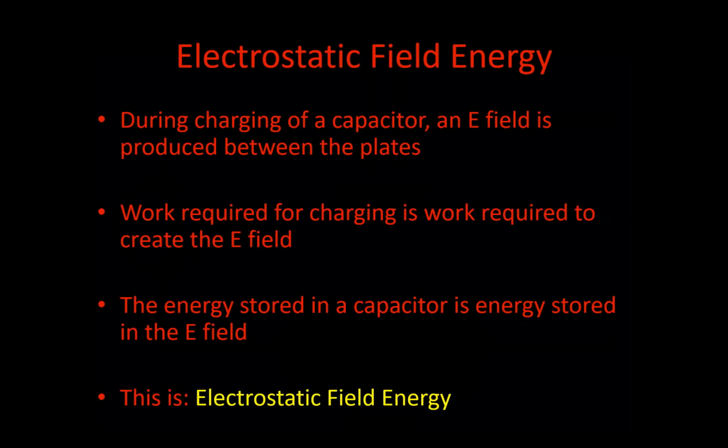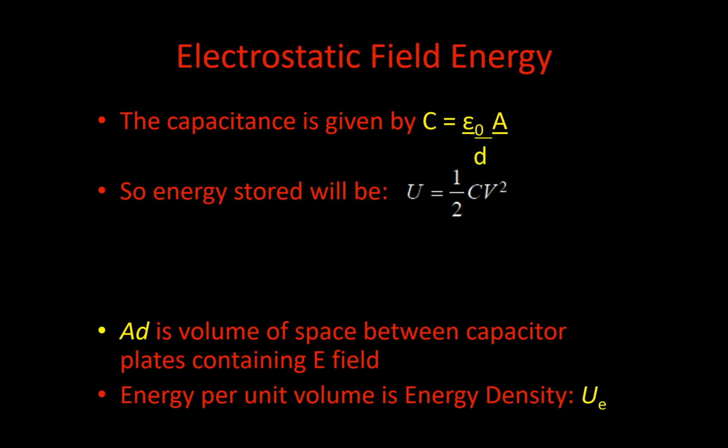So the energy stored in the capacitor is energy essentially stored in the electric field, and we refer to that as electrostatic field energy. And the capacitance, C, is given by epsilon 0 A over D, as we discussed in the previous class, and the energy stored is half CV squared.